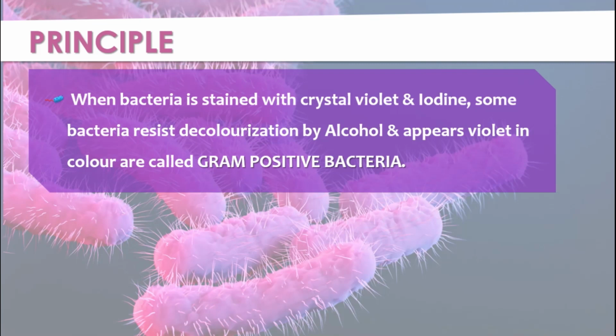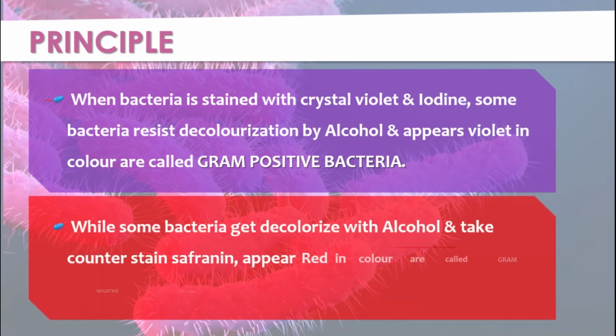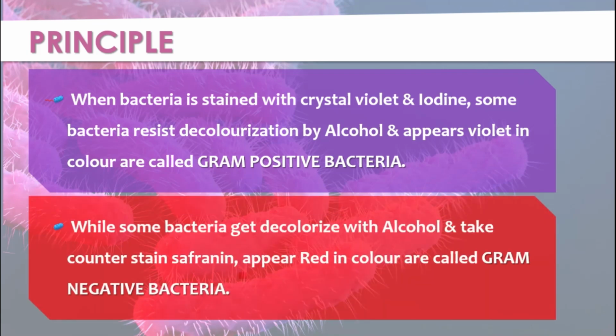In contrast, there are some bacteria which get decolorized with the alcohol, they will lose the crystal violet and iodine complex, and they get stained with the counter stain safranin and appear red in color, and are called gram negative bacteria. This is the basic principle behind the gram staining.